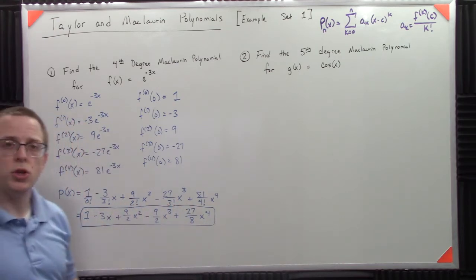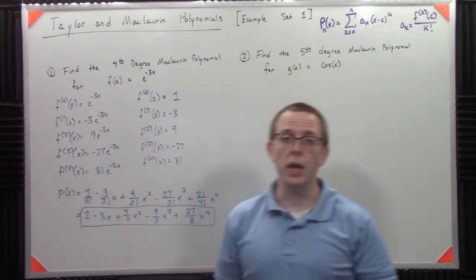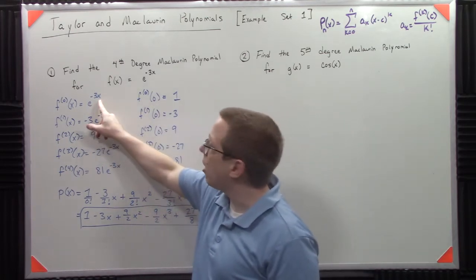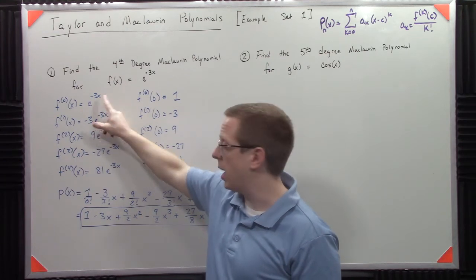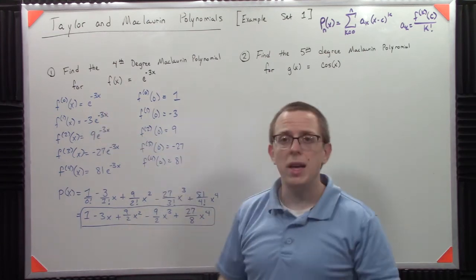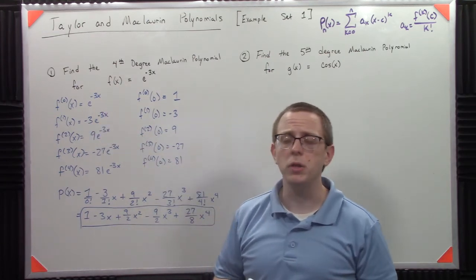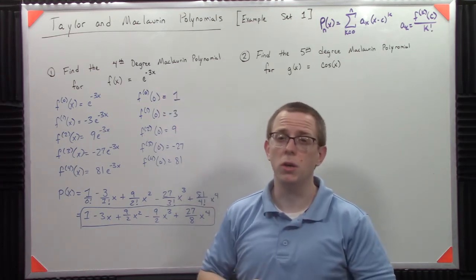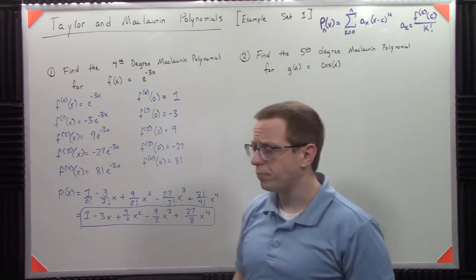I'd also challenge you to go into Desmos or any online plotting platform and plot e to the negative 3x and plot this as well, and see how well they line up. They're not going to be perfect, but you'll be surprised that near 0, if you bound it pretty close to 0, it's a pretty decent approximation.